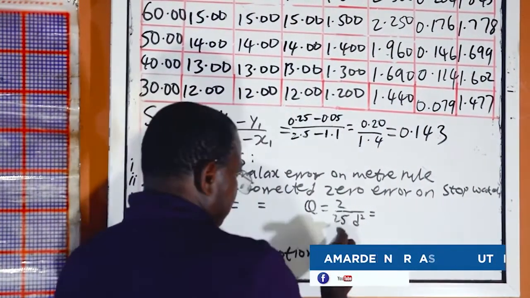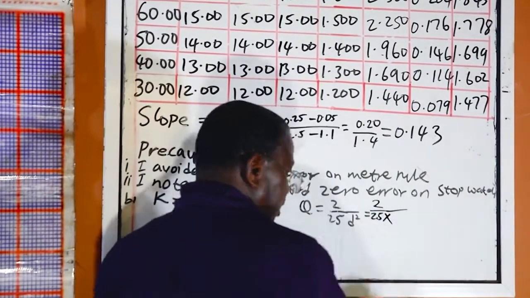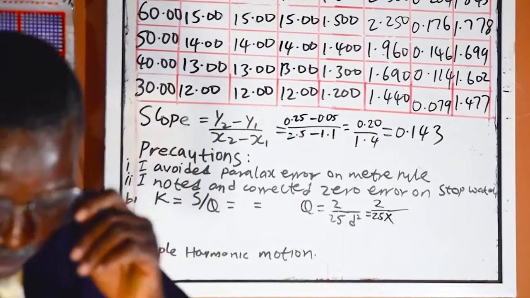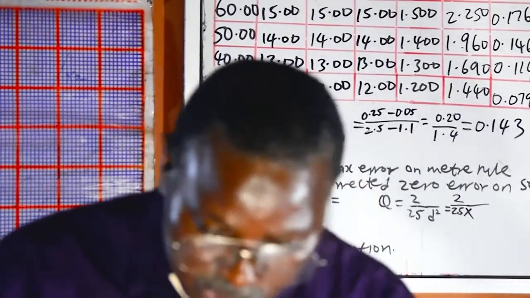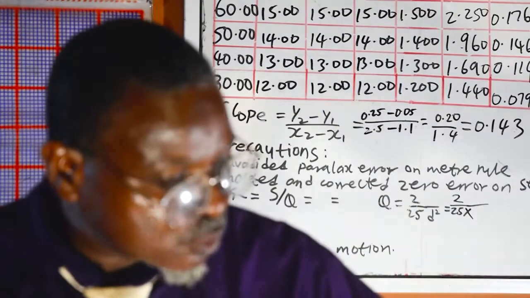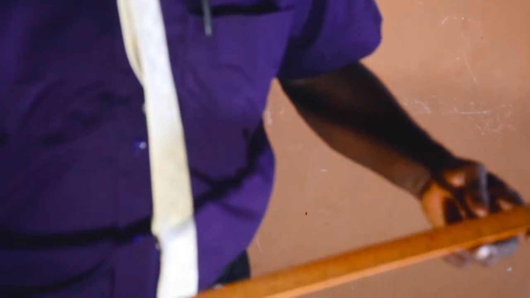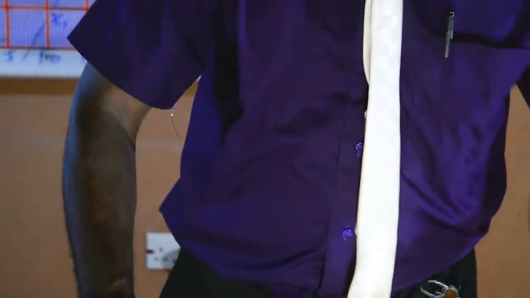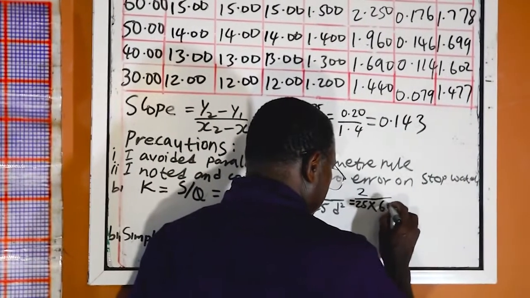Our d is the distance between the two lines. The first one was at 20 centimeters at the beginning. The second thread is at 80 centimeters. When you subtract 20 from 80, you get 60. Our d is 60 squared.